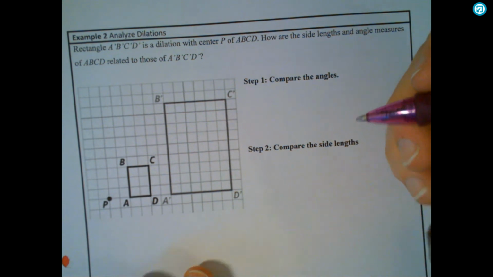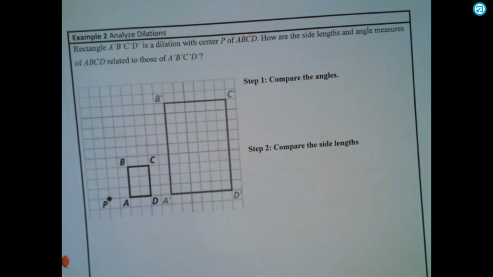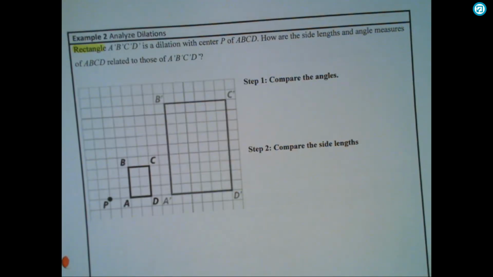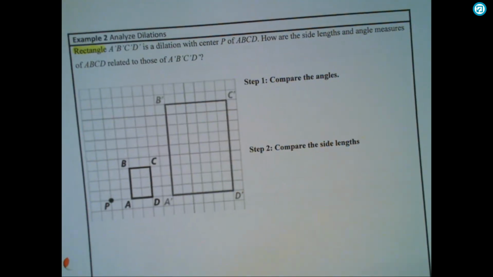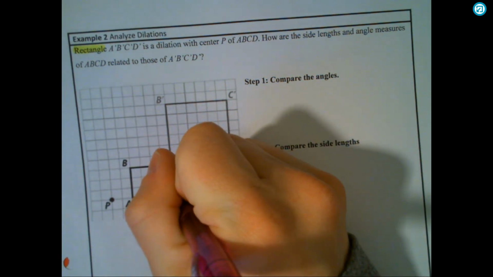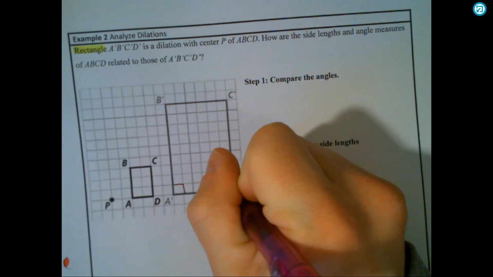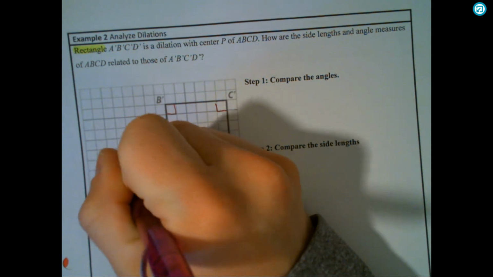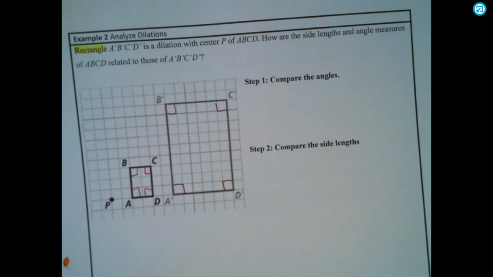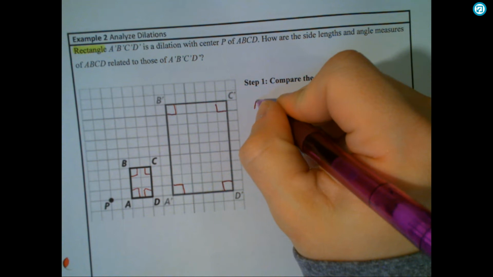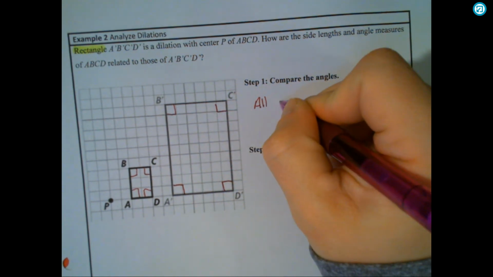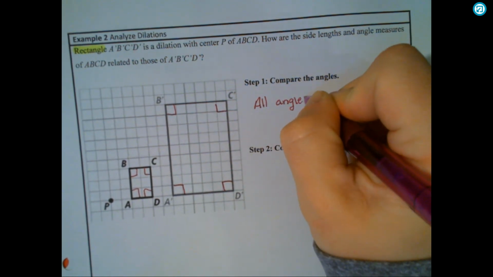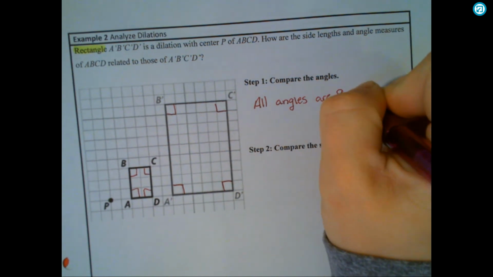When I look at each of these, we have a rectangle. And you should remember from elementary school that when we deal with a rectangle, your angles are all going to be 90 degrees all the way around. So that is true for both the image and the pre-image. So all angles are 90 degrees.